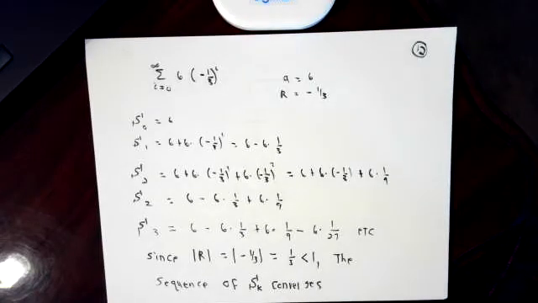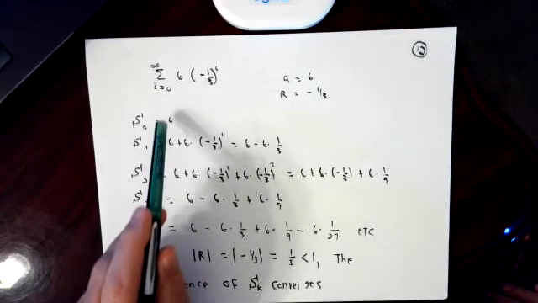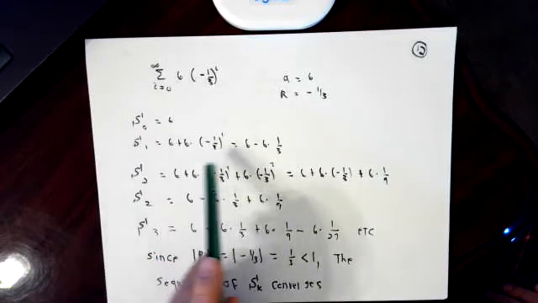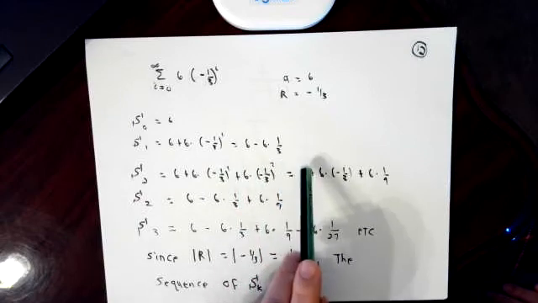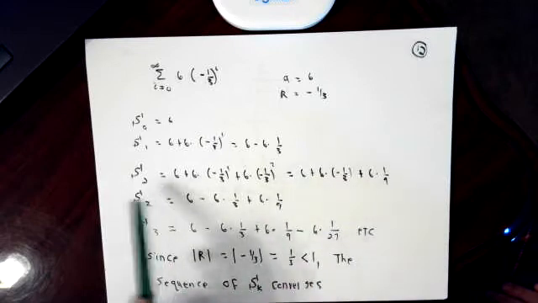There's no need for either A or R to be positive, though. You could have a situation where A was 6 and R was negative 1/3. Your partial sums, the first few of which would be 6, and 6 minus 6 times 1/3. I'm not going to bother simplifying that.